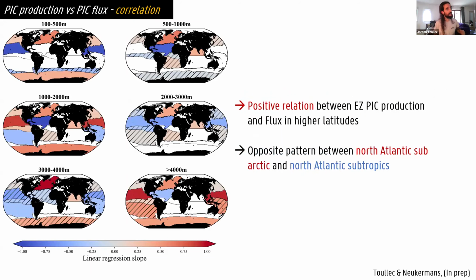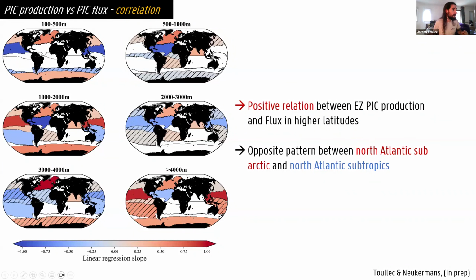So the first thing we observe is that in the North Atlantic subarctic, we always have red colors, meaning that we have a positive relation between euphotic zone PIC production and flux. And then we also observe that it's very patchy between different parts of the ocean. When it's white, it's because we don't have data.